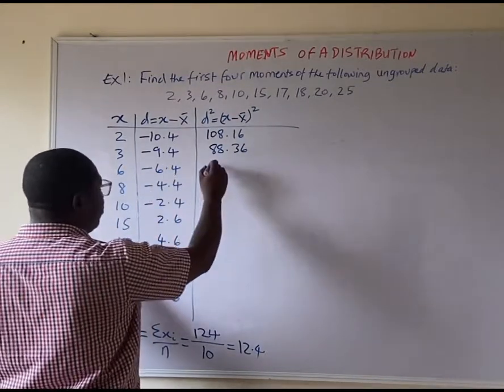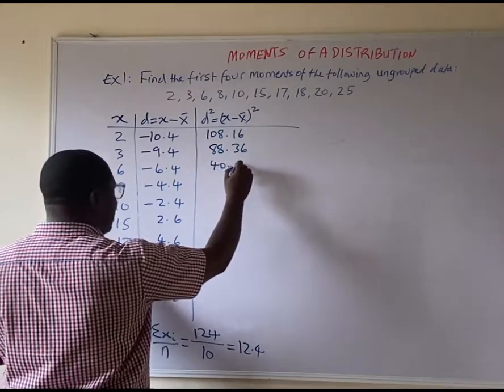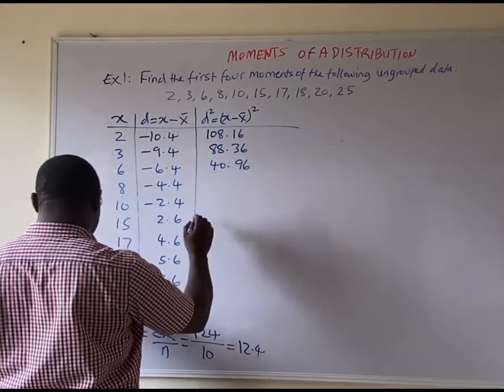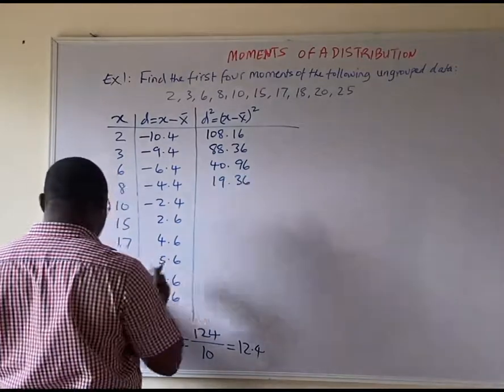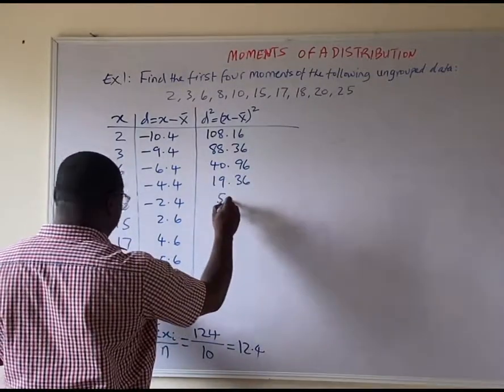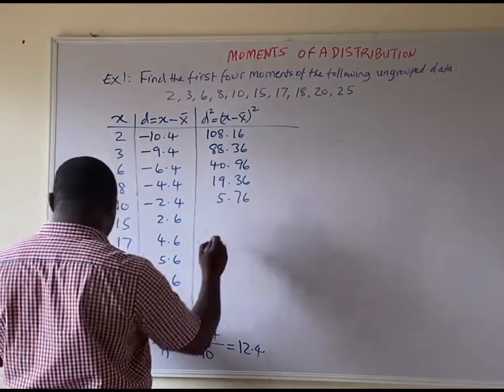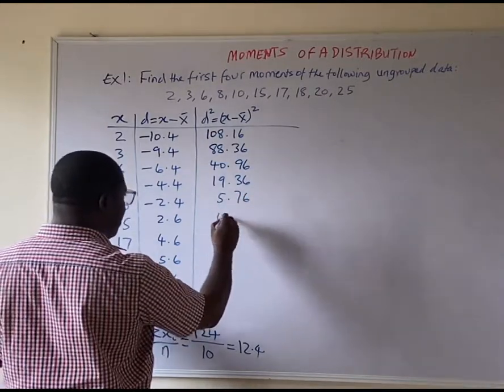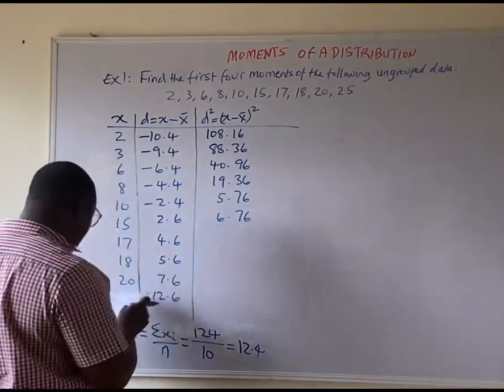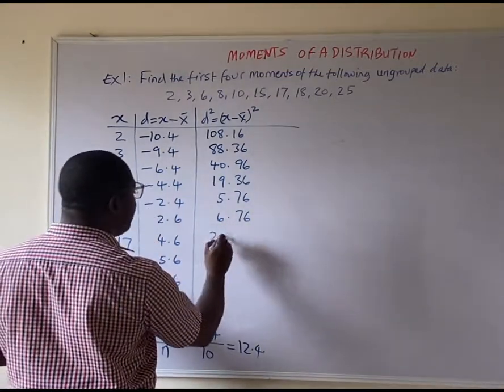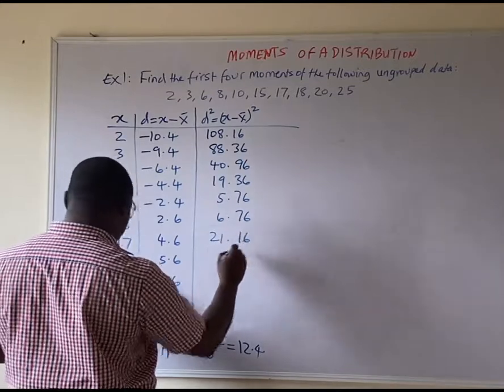6.4 squared will give us 40.96. The next one is 19.36. The next one is 5.76. The next one is 6.76. The next one is 21.16.